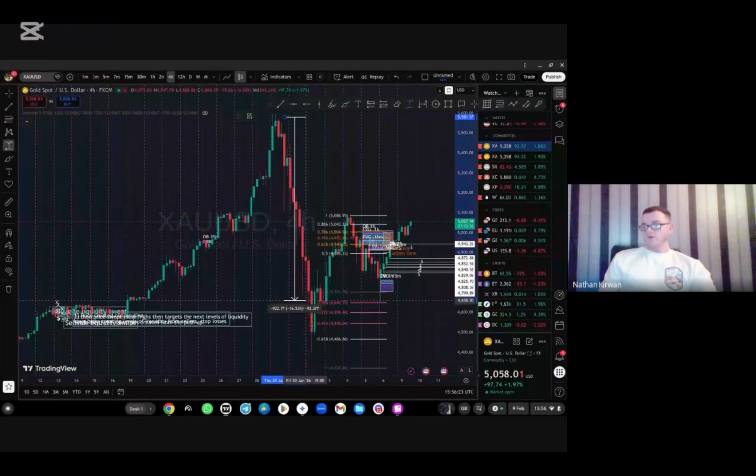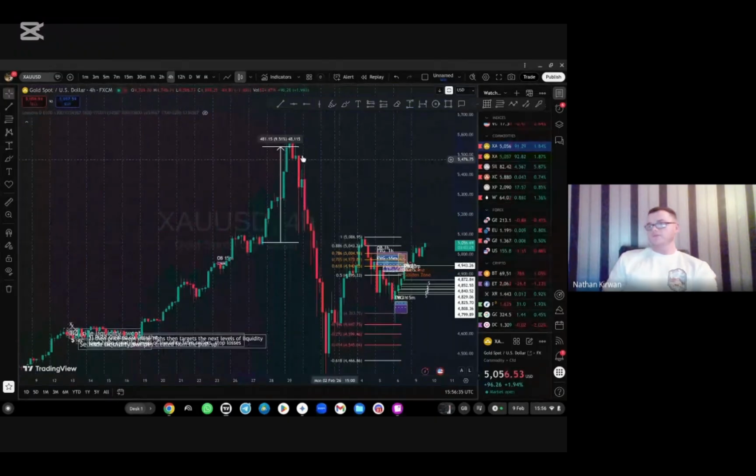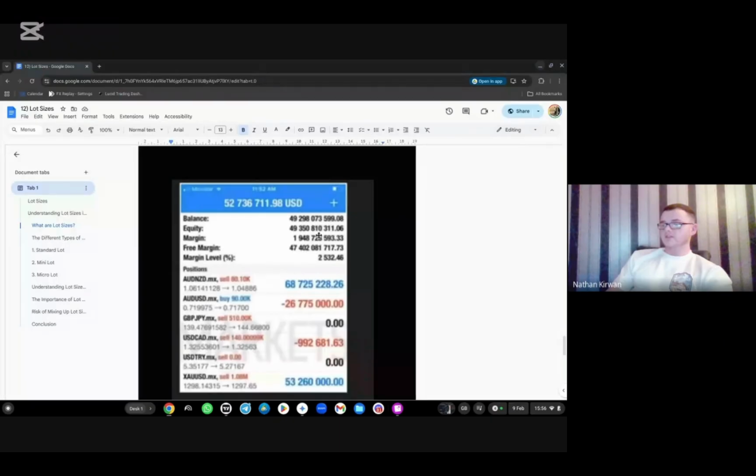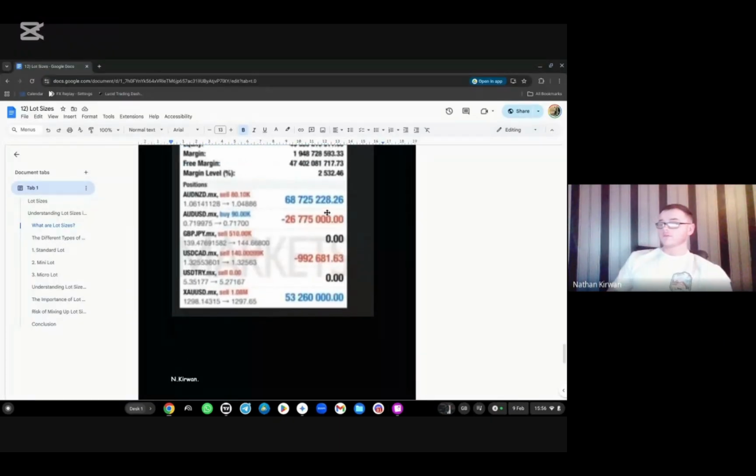This big move on gold, 10,000 pips. Mental, absolutely mental. Say from here up to here, 4,800 pips. Imagine 4,800 pips at 10 million a pip. That's not even maths, but it's a lot of money.